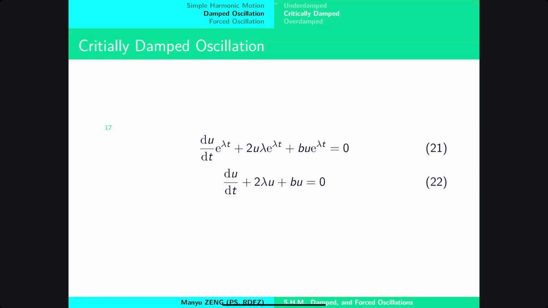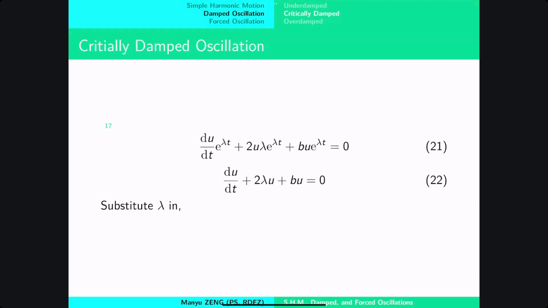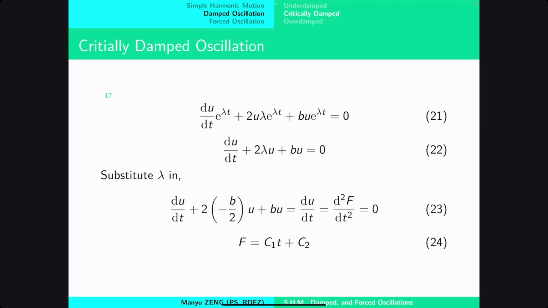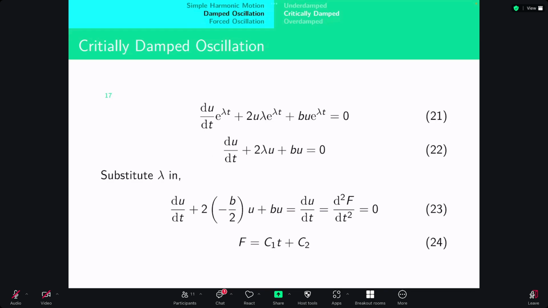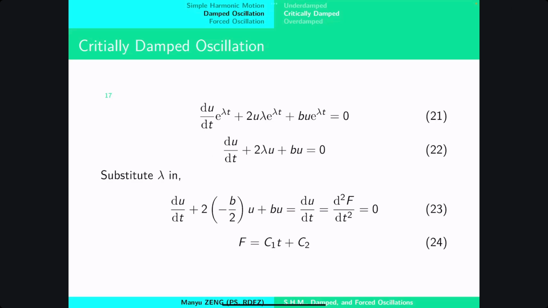It is the single solution of that quadratic equation. If you want to calculate it, it is negative b over 2. So we substitute lambda with negative b over 2, and then we find that the second term and third term also cancel. And so we get du over dt equal to zero.